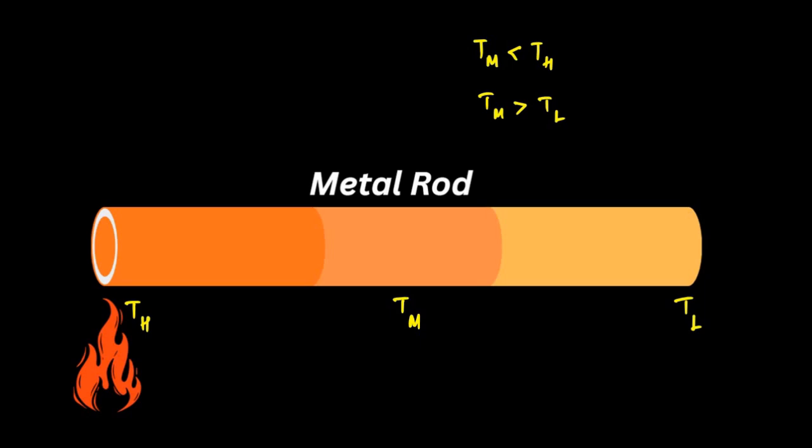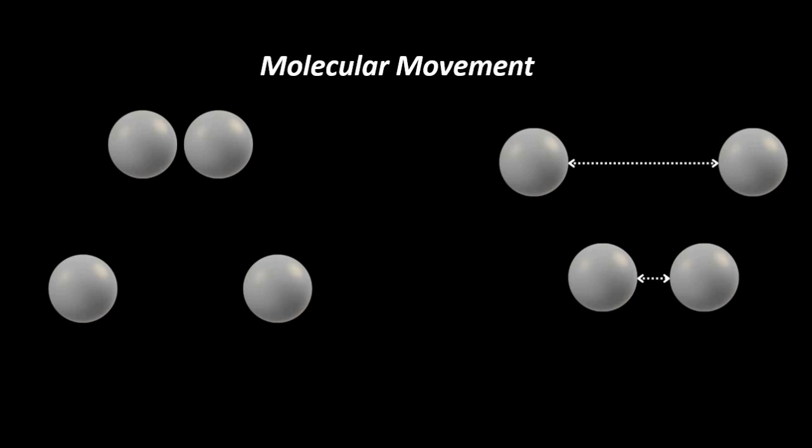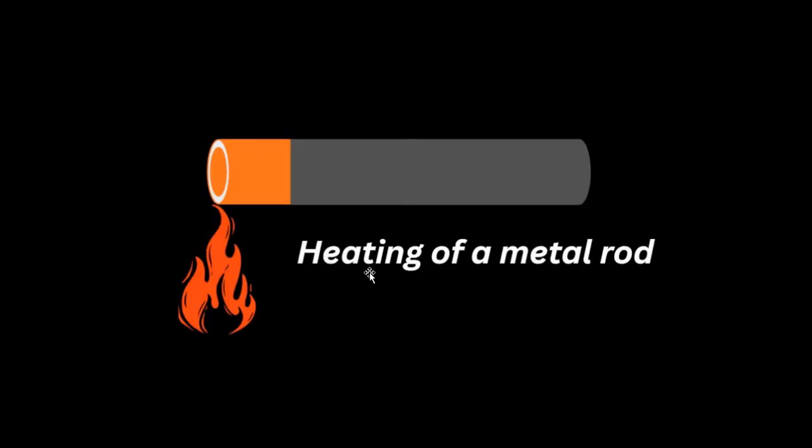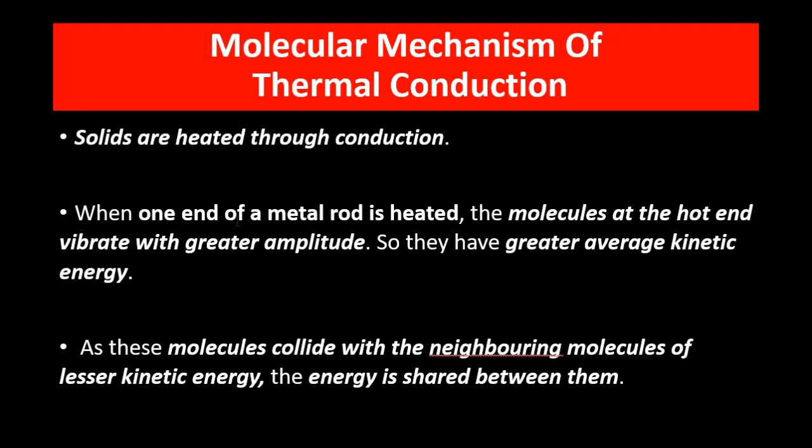Okay, so heat transfer takes place through intermolecular collisions from one end to the other as the rod gets heated, and it does not happen all of a sudden, it happens slowly, steadily, gradually. It is all because of the molecular collisions. Solids are heated through conduction, through molecular movements, because of the vibrational energy, the greater amplitude vibrations of the molecules, and as a result the average kinetic energy of the molecules increases.